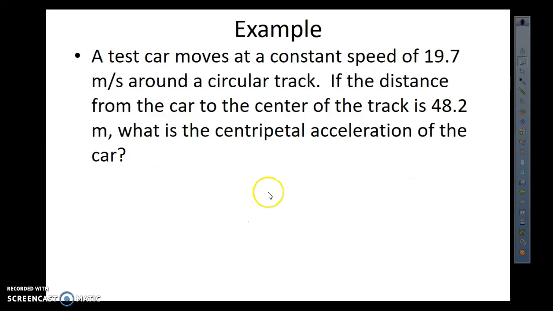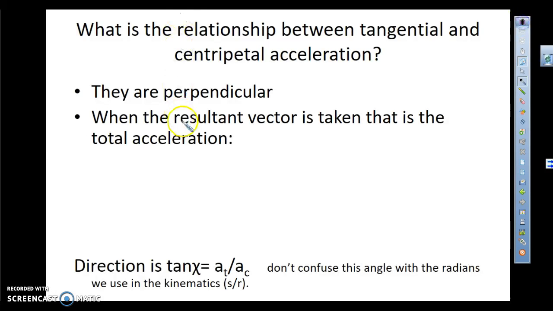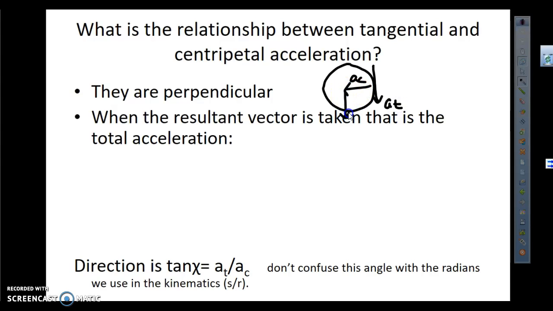So how would we take both of them into account? Well, they are going to be perpendicular. And so I have a sub c here, a sub t here. So I'm going to go ahead and draw, I'll bring a sub t over just parallel. And what we end up having is an angle, and I'm going to call it chi.